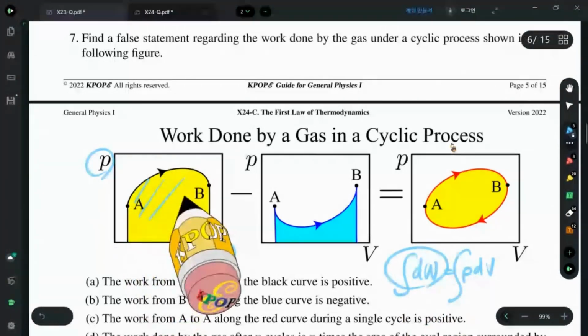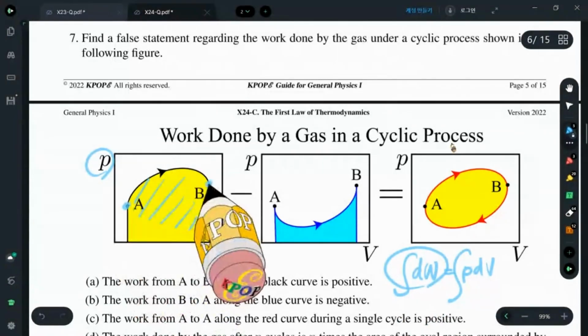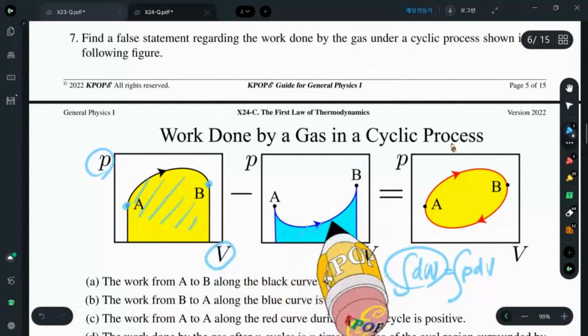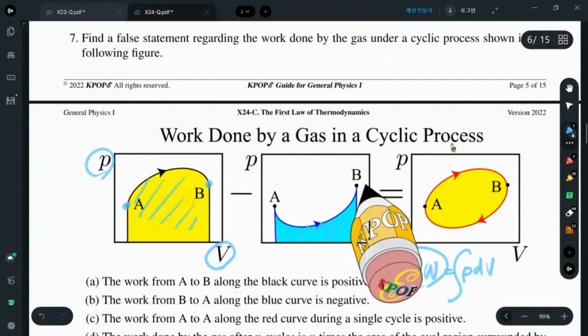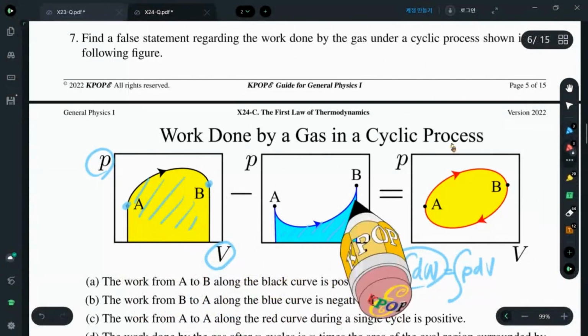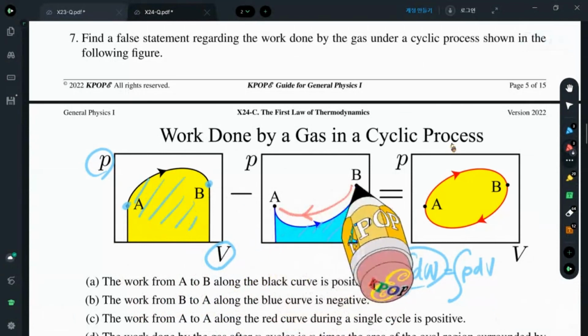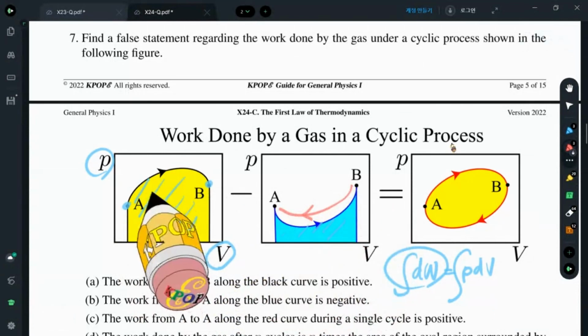This is the work done by the gas from A to B. And what about this? This is the work done by the gas from B to A.